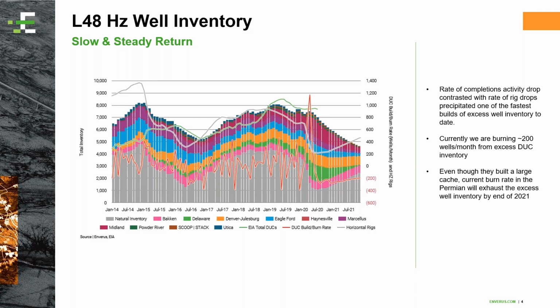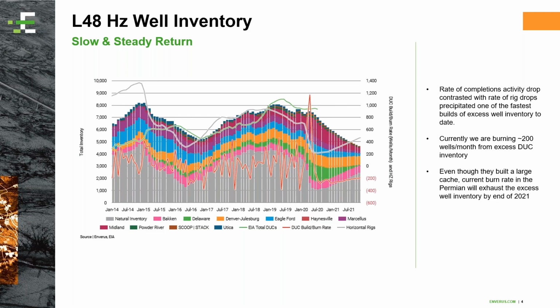But then those colored bars are really the excess, what we call the true excess DUC inventory. Those are wells in that inventory that you're able to pull from and begin to draw down, in excess of the number of rigs that are running. This is where your ability to use DUCs as a capital efficiency lever comes from, this group of wells in that colored band.